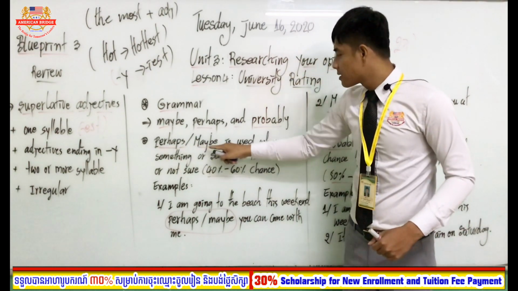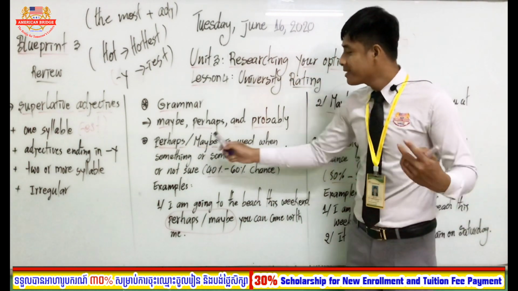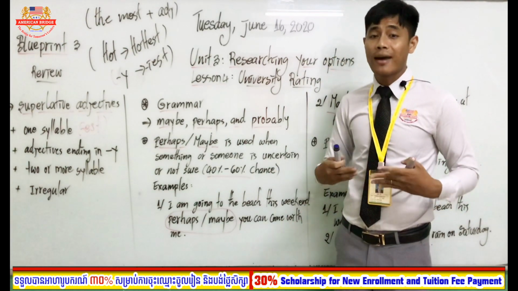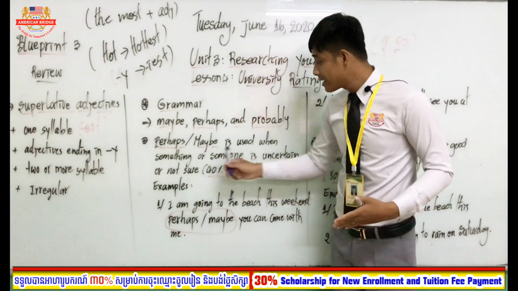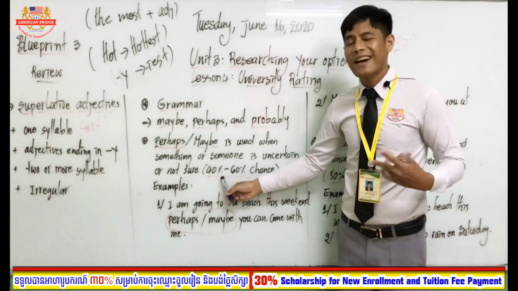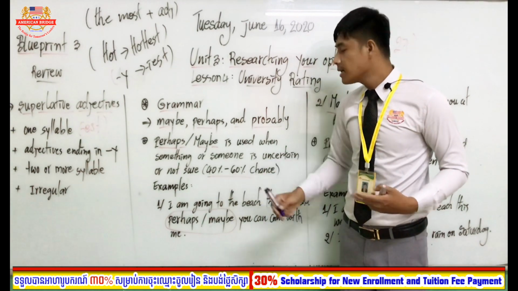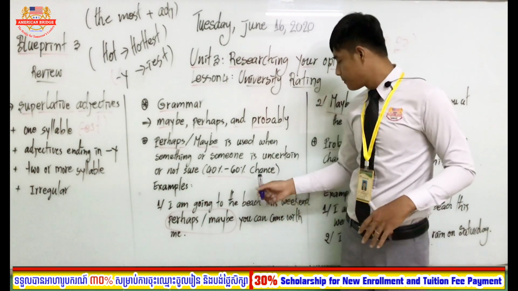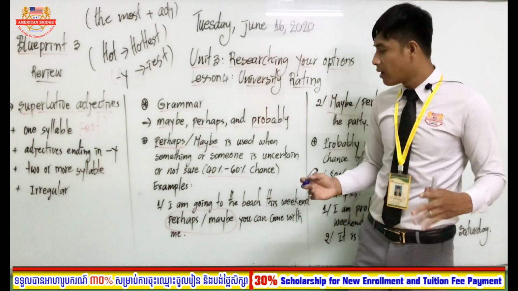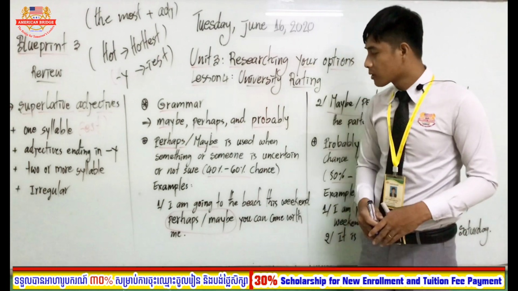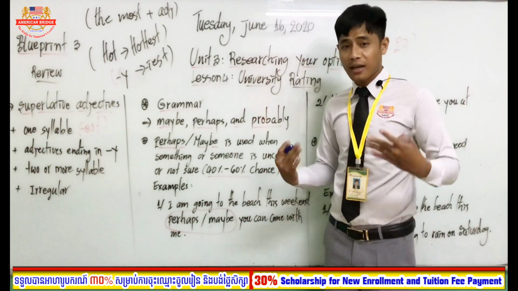Perhaps and maybe are used when something is uncertain or not sure, when the chance of it happening is 40 to 60% or less.